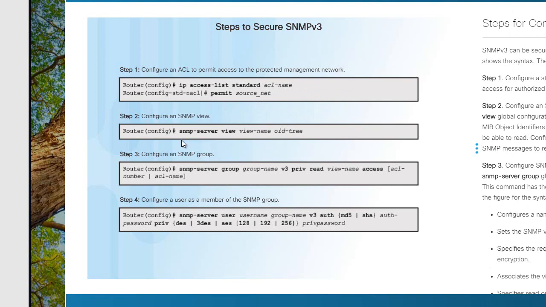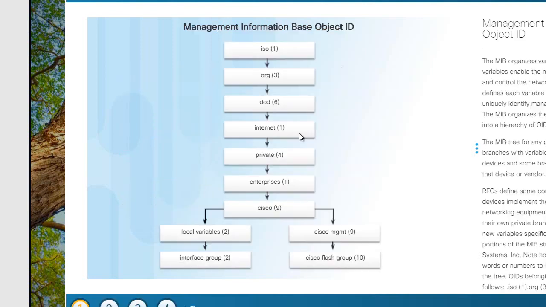You're going to give it a view name of some sort. Then you're going to define your MIB object identifiers here from that tree that you'll see in your readings. In fact, I'll bring up the tree now. So some examples you have ISO, org, DoD, internet, private, so on and so forth. So it could be any of these object IDs that you put in there. And you'll see an example of that when we configure it.